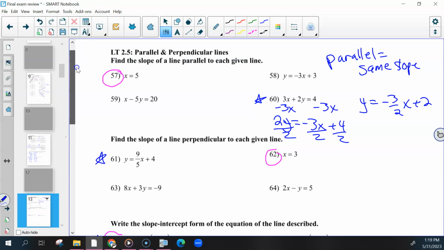So if the slope is the same, what would the parallel slope be? Same thing. Which is? Negative 3 over 2. Not the x, just a number. Perpendicular lines have negative reciprocal slopes.